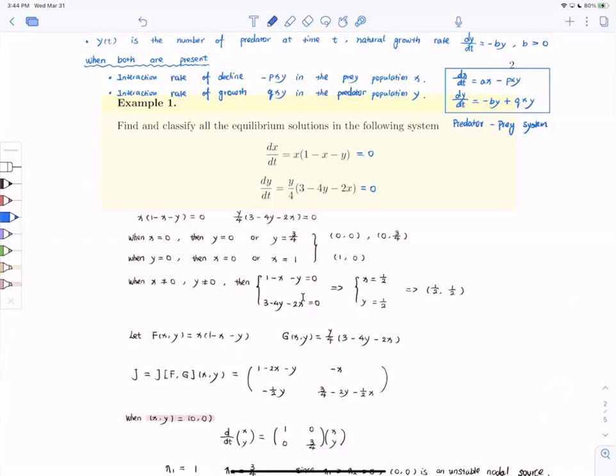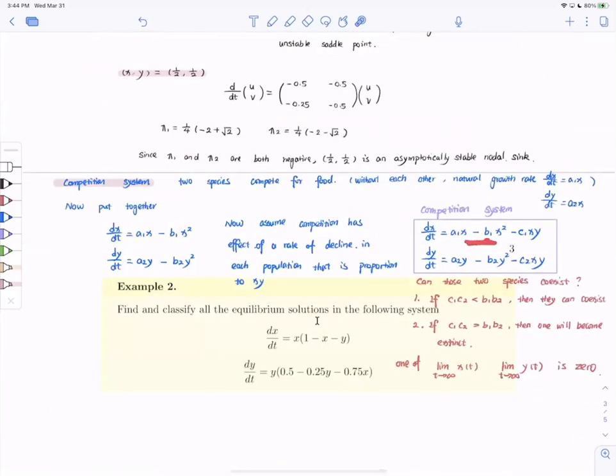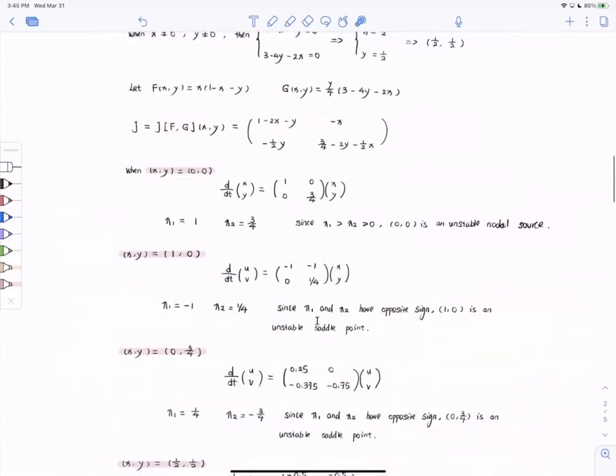Let's write it down. What is my b1? b1 is 1. c1 is 1, not minus 1, because it's already minus here: minus b1, minus c1. So c1 is 1 as well.